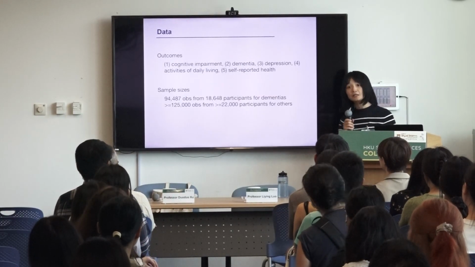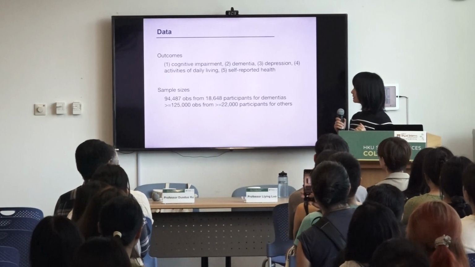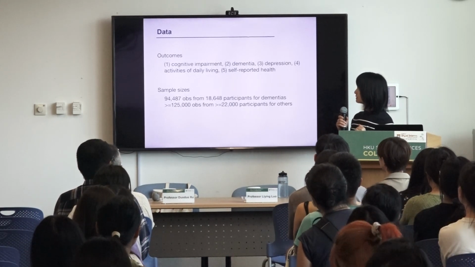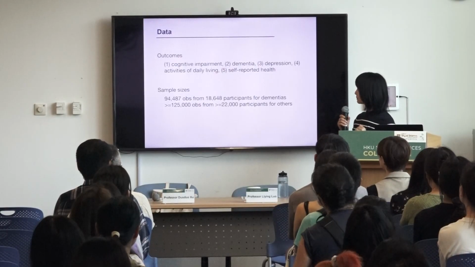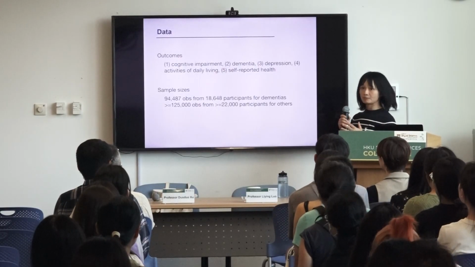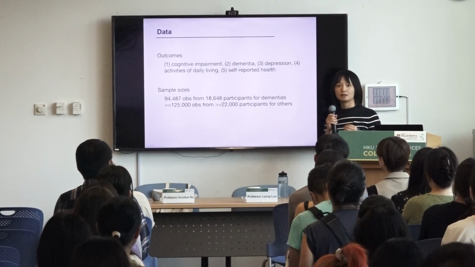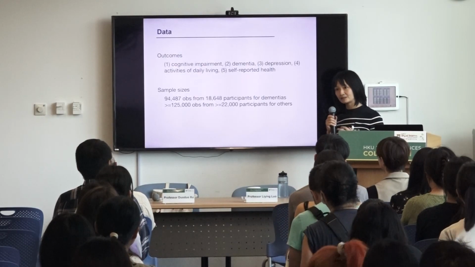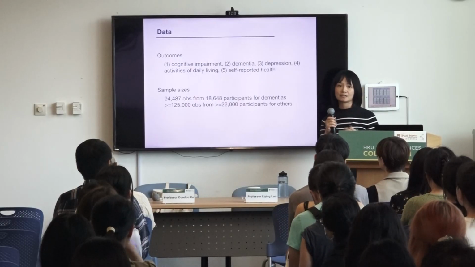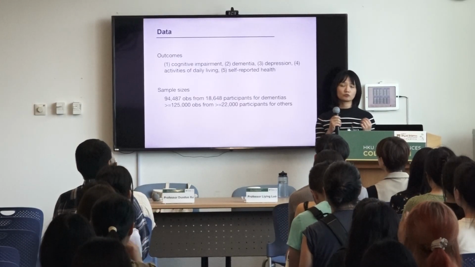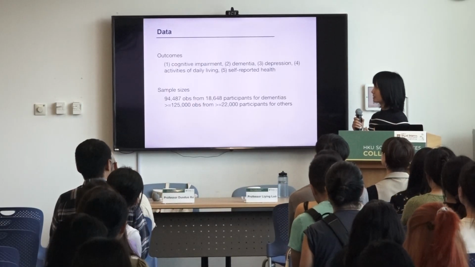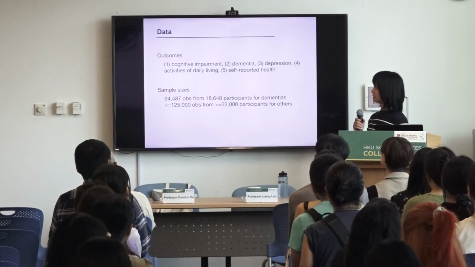We look at 5 health outcomes, including cognitive impairment, dementia, depression, activities of daily living, and self-reported health. Cognitive impairment and dementia were measured based on the Telephone Interview for Cognitive Status scores, and then we use the Langa-Weir method to determine the cognitive status, whether they are cognitively impaired or demented.